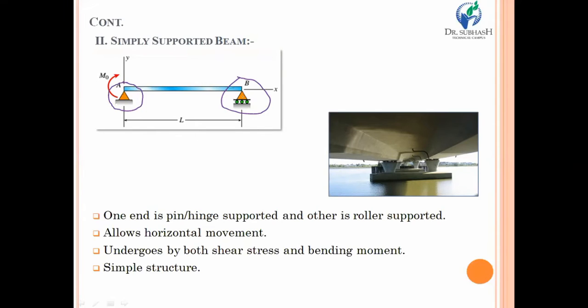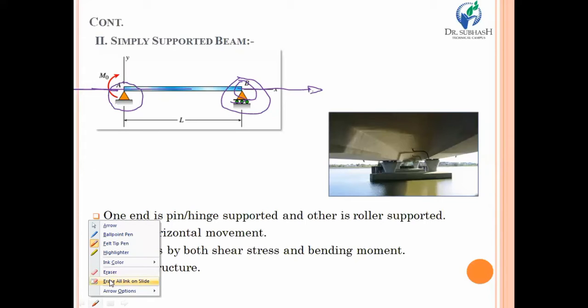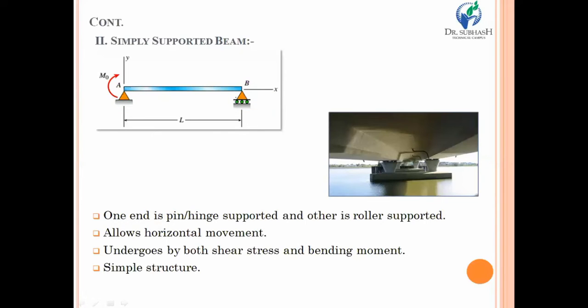Due to the roller support, suppose you are applying a force horizontally over here, it allows the beam to move in the horizontal direction, because there will be no resistance offered by this kind of support, the roller support, because it does not resist any external force or movement due to external force. So this is the characteristic of roller support.